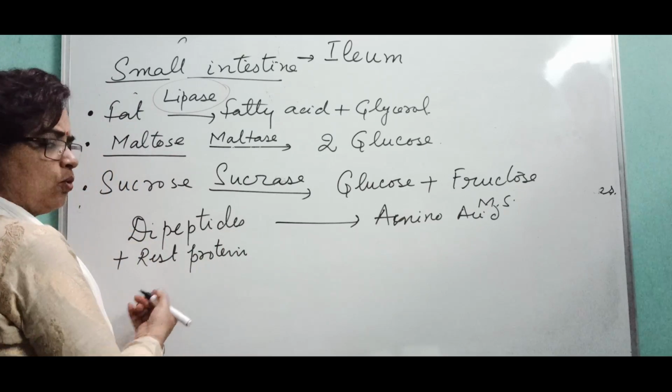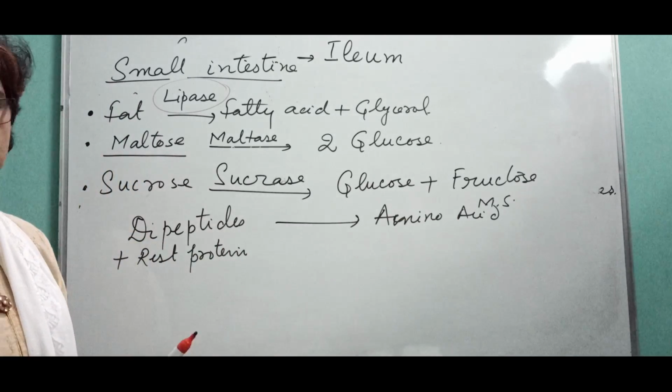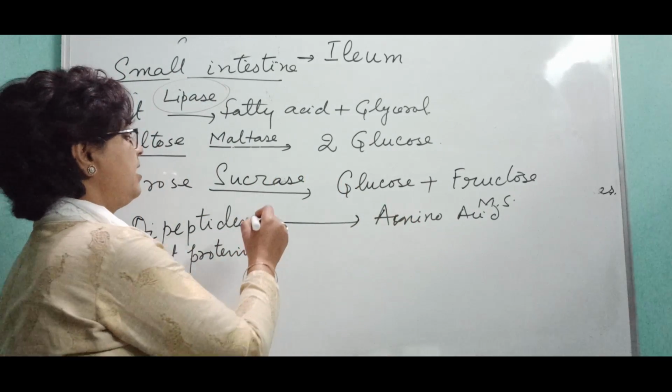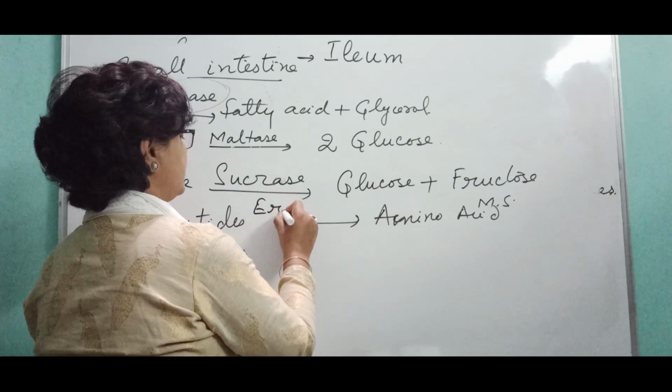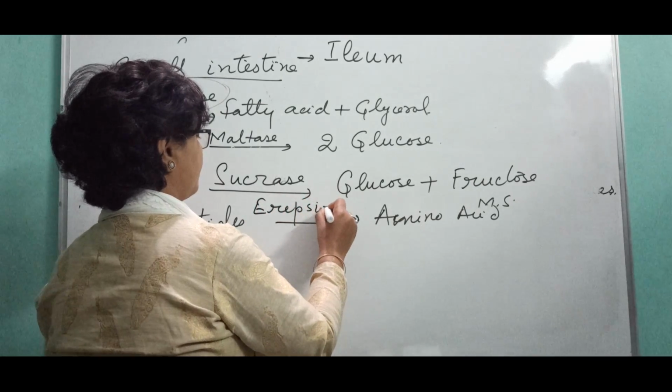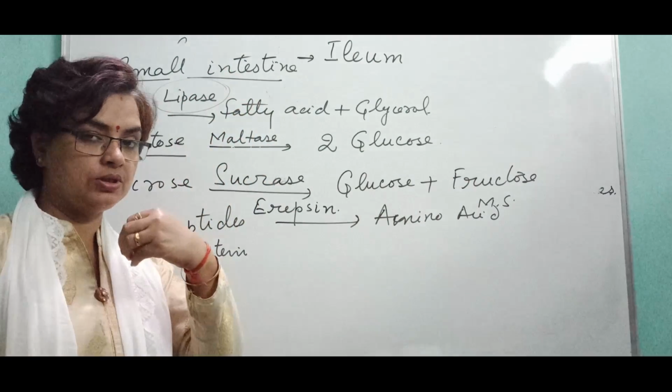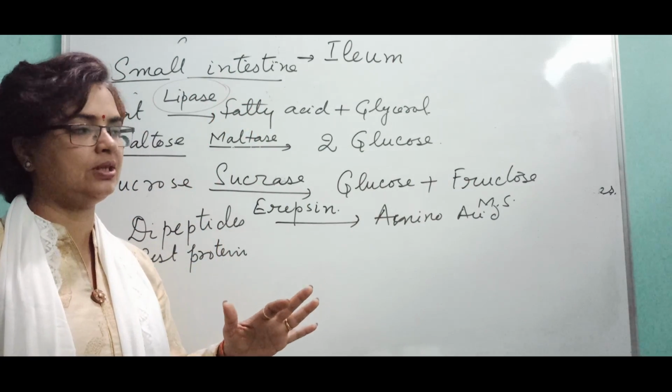Maybe the peptones or proteases are also left; that will also be converted to amino acids. And the name of the enzyme is erepsin. So the whole digestion is over. So ingestion, and then we completed digestion.